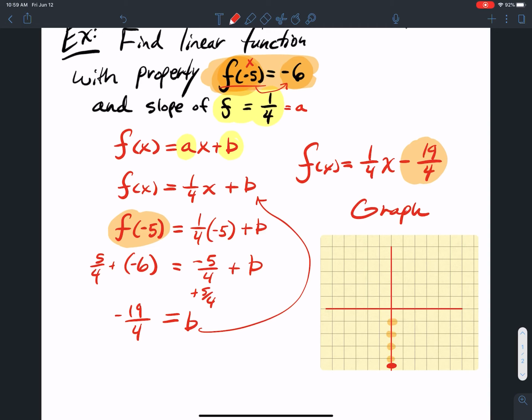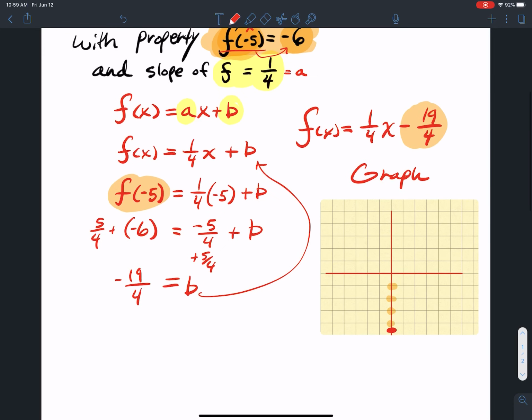That's the y-intercept. And the slope m is equal to 1/4. That means I rise 1 and run 4. So I go up 1 and run 1, 2, 3, 4, right there. Then I go up 1 and 1, 2, 3, 4 again. So I see the pattern, and that is the graph of f of x.